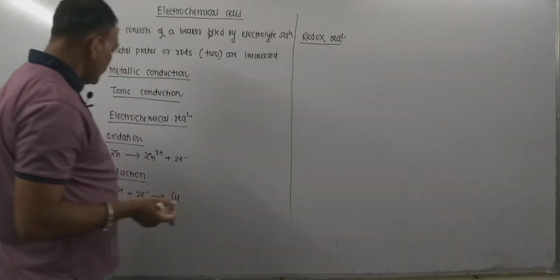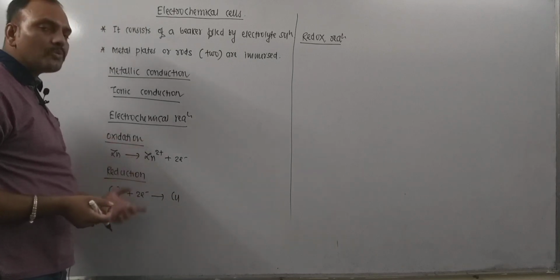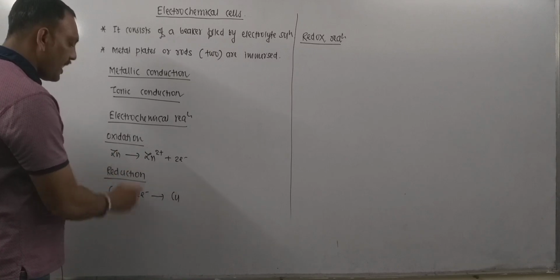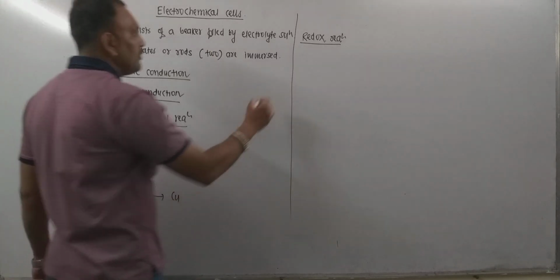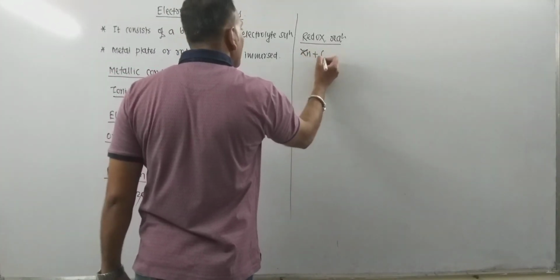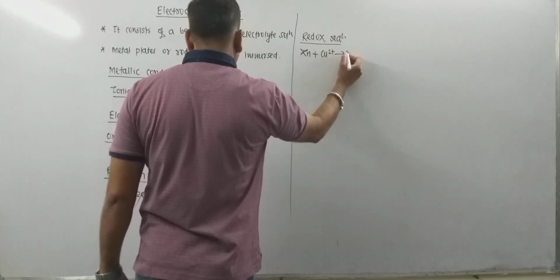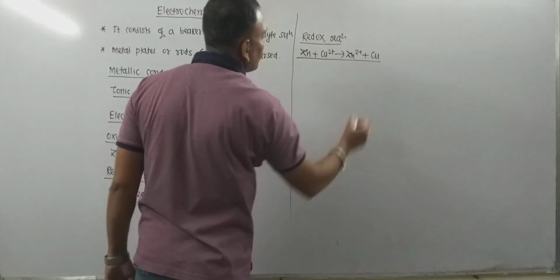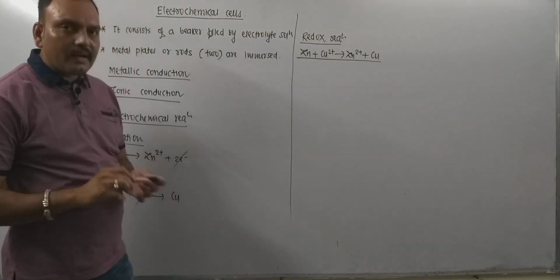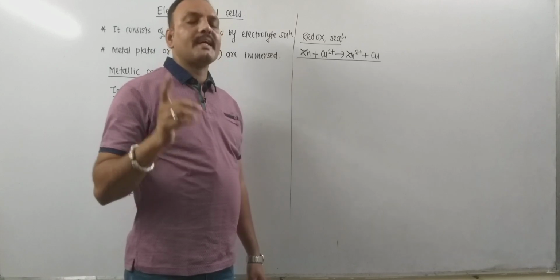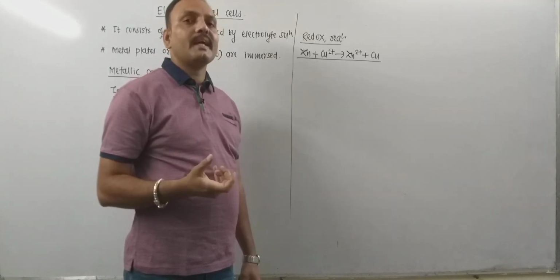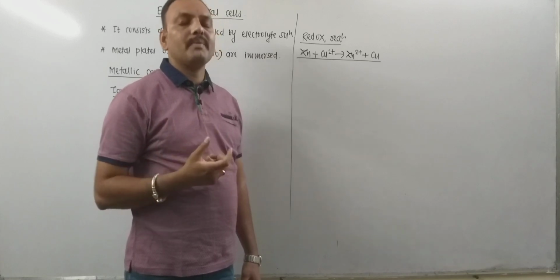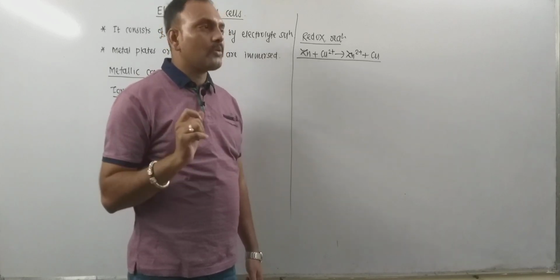If this is oxidation and this is reduction, if we add these two, then the net reaction is redox. If we add these, then electrons get cancelled. So what remains? Zn plus Cu2+ gives Zn2+ plus Cu. So this reaction is a redox reaction, and remember, the entire cell reaction, which is the sum of oxidation half and reduction half reactions, is always a redox reaction.